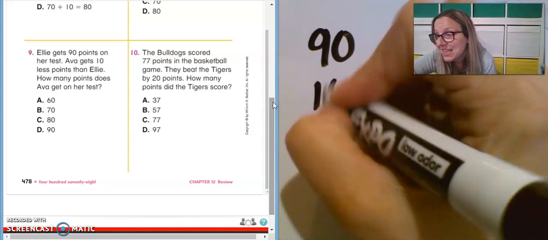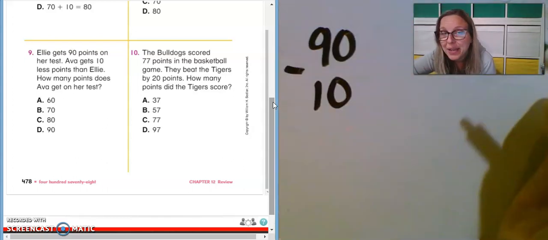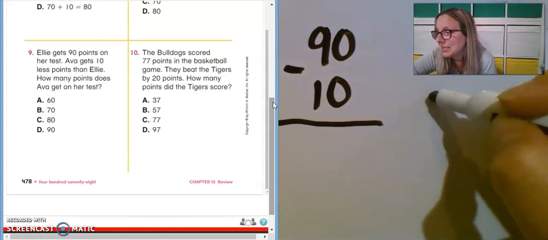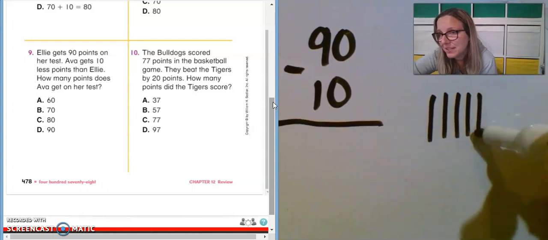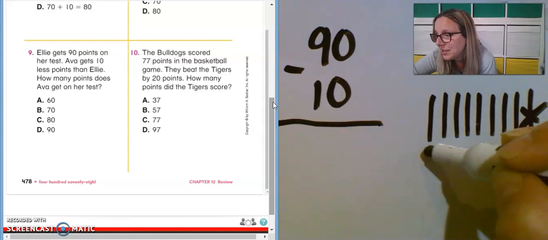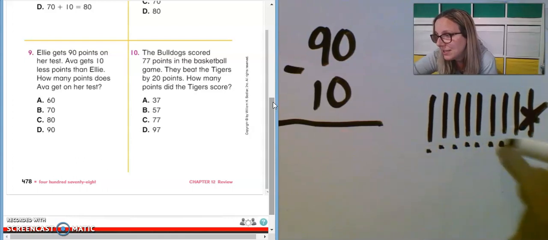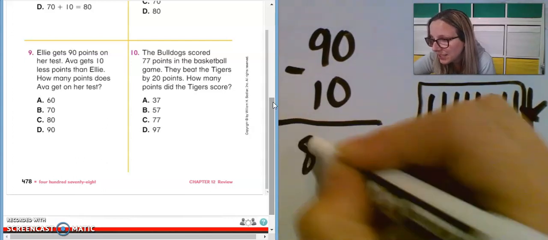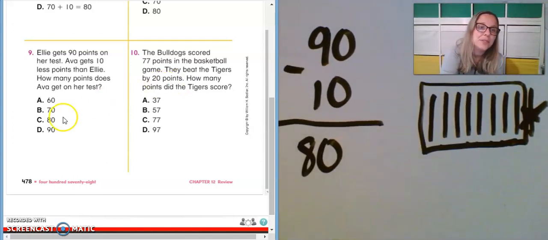So if it's 10 less, that means we've got to take away 10 to find out what Ava got. So 10, 20, 30, 40, 50, 60, 70, 80, 90. Take away 10. 10, 20, 30, 40, 50, 60, 70, 80. So we have 80 for our answer. Ava got 80. You can circle C, 80.